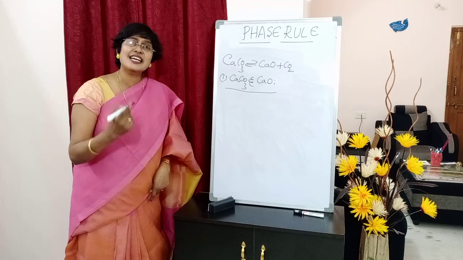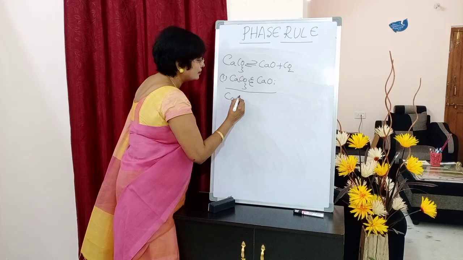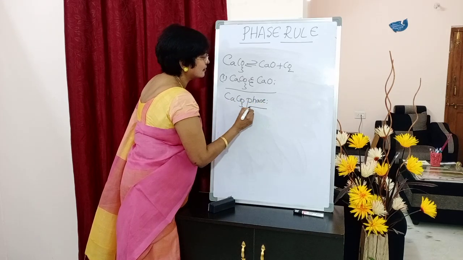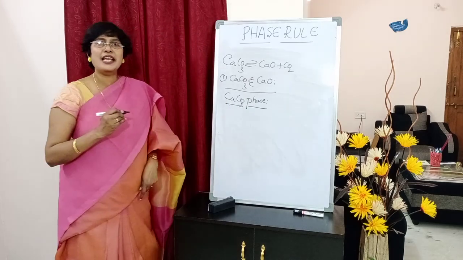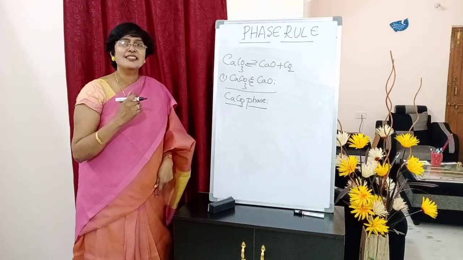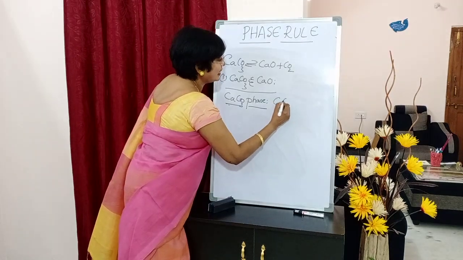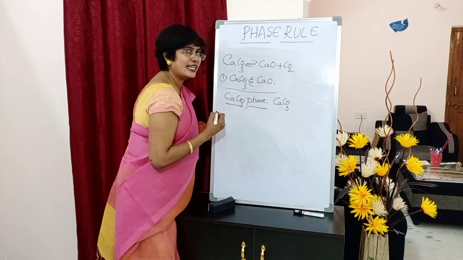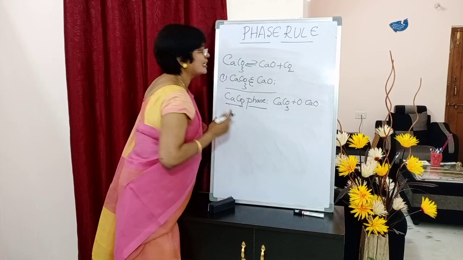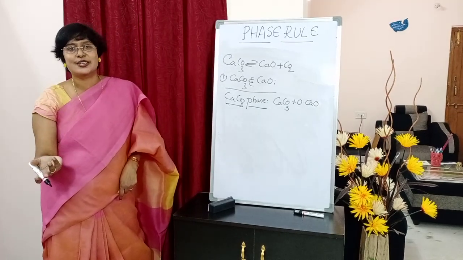How many phases are there? 3 phases. Okay. So let us explain CaCO3 phase taking CaCO3 and CaO. Look here students. CaCO3 phase can be explained like this. CaCO3 plus 0 into CaO is equal to what? CaCO3. 0 into anything is 0, as you all know.